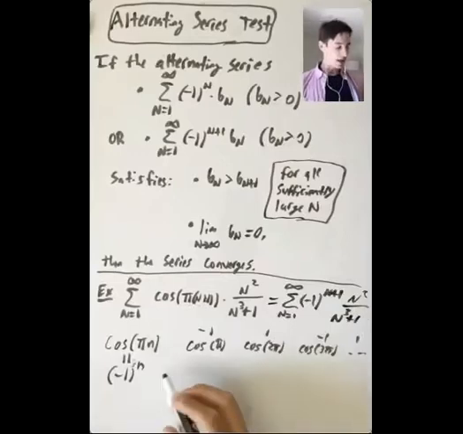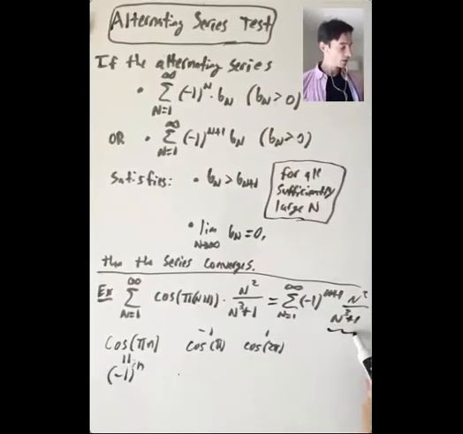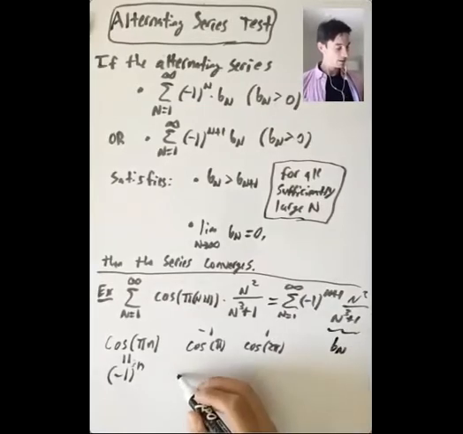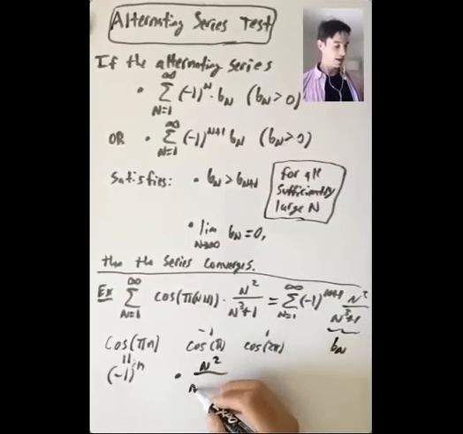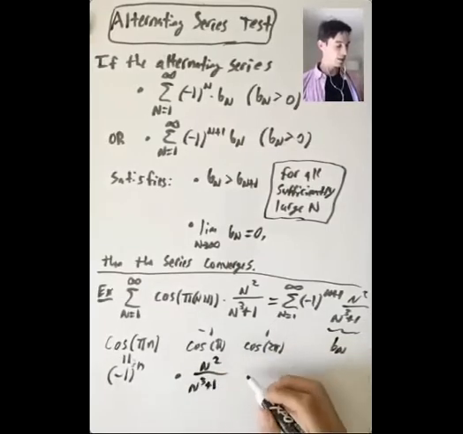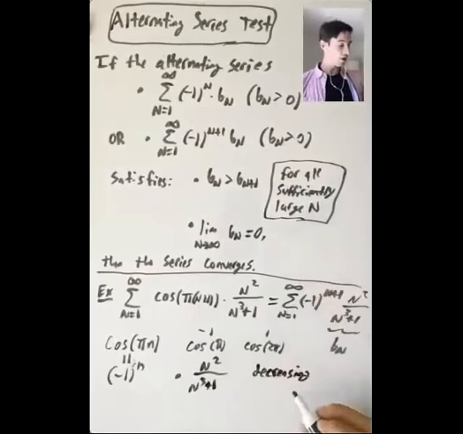And what do we need to check? This n squared over n cubed plus 1, this is our bn. So the important thing is to show two properties. We need to show that this is decreasing, not necessarily for all n, but for all sufficiently large n.